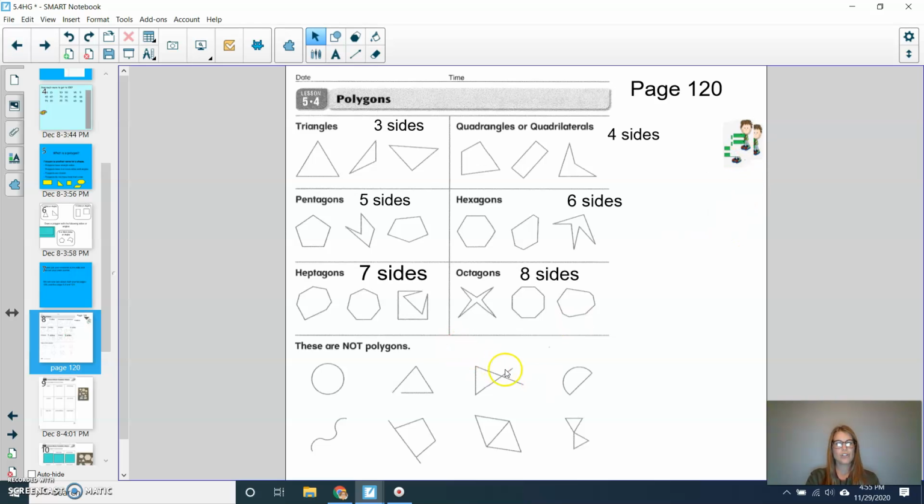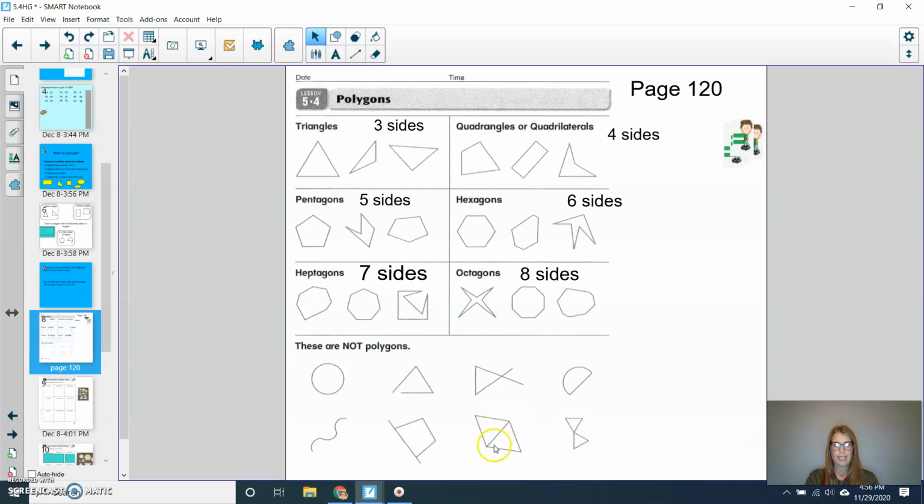So then, boys and girls, notice how these are not polygons. A circle is not a polygon. Look at this one. It's almost a triangle, but it has an opening, so it's not a polygon. This one, the lines cross. They intersect. It's not a polygon. This one has a curve, so it does not fit. This one, it's almost like 2 separate shapes.